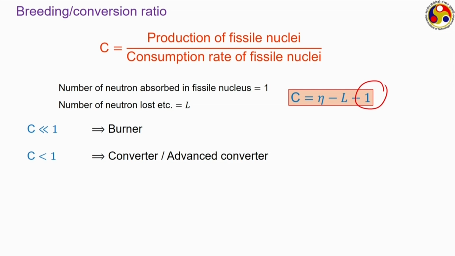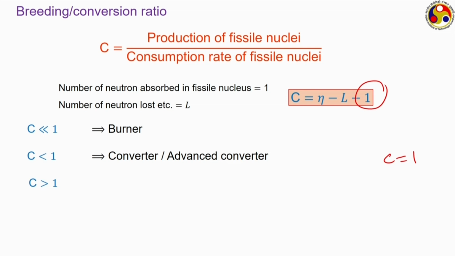When C becomes equal to 1, the number of fissile nuclei produced during a reaction is equal to the number of fissile nuclei absorbed. Therefore, the total number of fissile nuclei inside the reactor will be conserved in that limiting case of C equal to 1. But the interesting situation is when C becomes greater than 1.